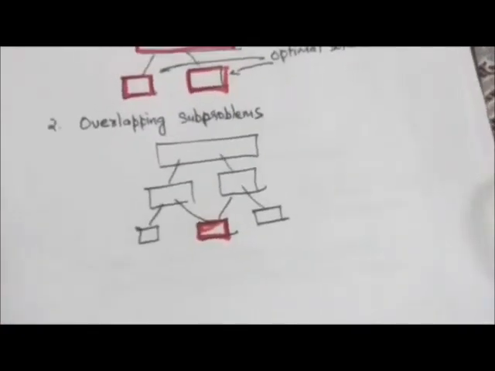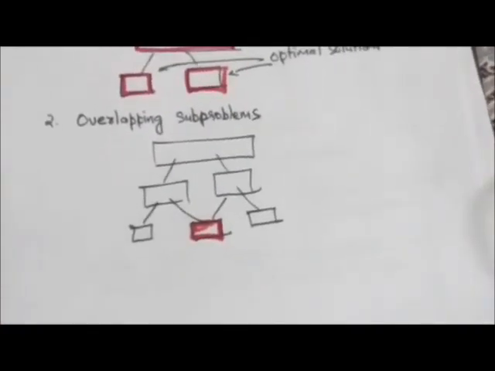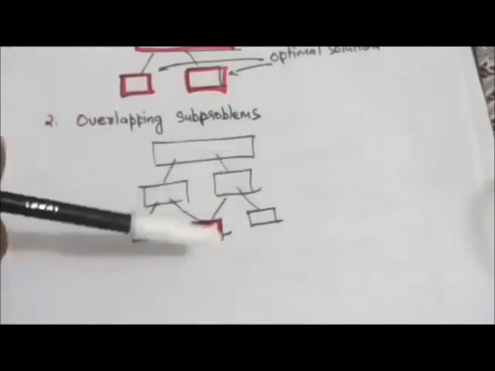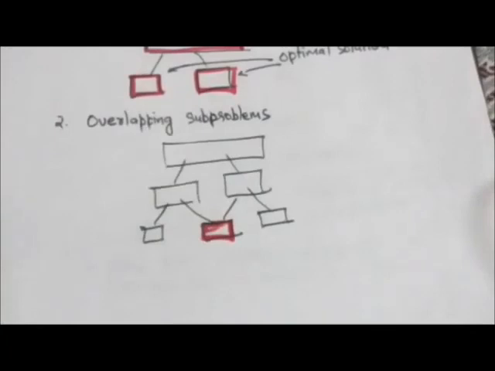The second property is overlapping subproblems. An optimization problem has overlapping subproblems if the recursive algorithm to solve this optimization problem revisits the same problem over and over again. As we have discussed earlier, dynamic programming algorithms solve those optimization problems in which subproblems share subproblems.